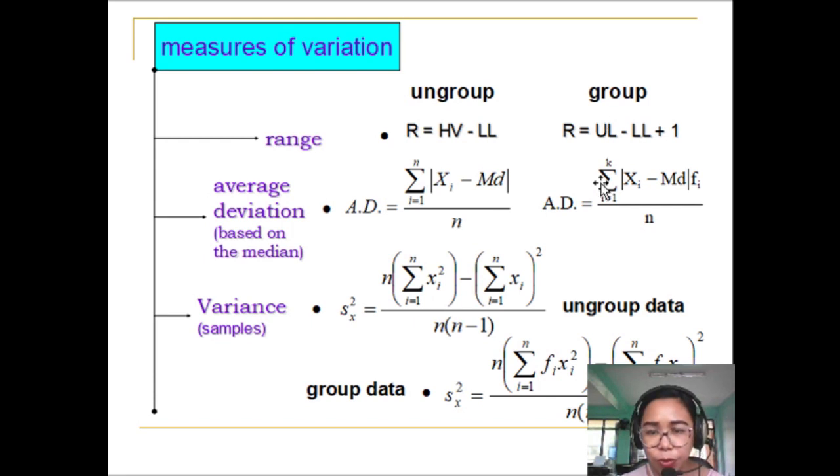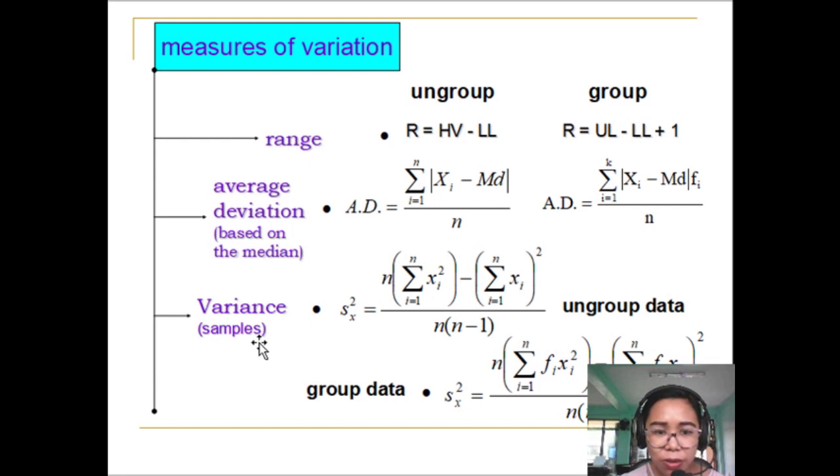For grouped data or data in a frequency distribution, we get the product of the frequency and the absolute deviation between the class mark and the median, all over n. n is also the sum of the frequencies.